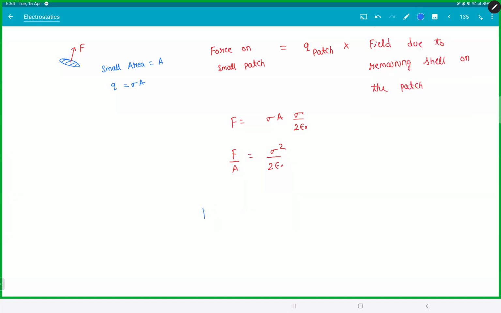So this turns out to be the electrostatic pressure. Quite a useful result. This behaves just like a fluid pressure. Physics doesn't care whether the pressure is coming due to charges or fluid. Every concept that you studied in fluid mechanics is valid, if you can apply projected area and all that stuff.